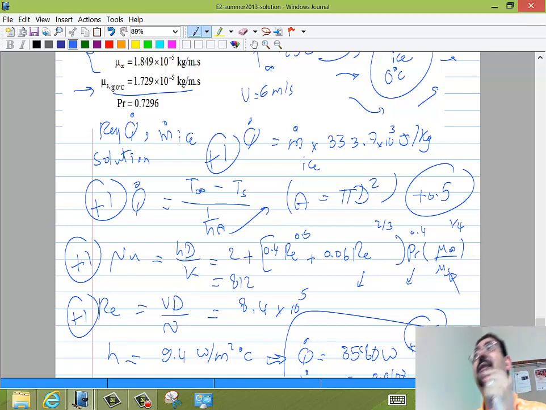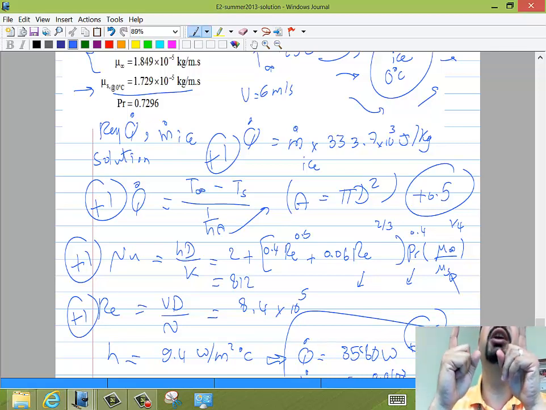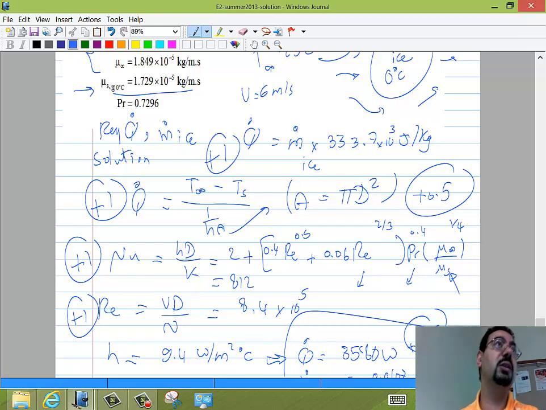That's actually where I ran out of time to test those. I was trying to think of what equation. But that's a very good question actually. When we have an equation that is only recommended for a certain range, and we are outside that range, we shouldn't use that equation if we have an option. If we have another option, of course we have to switch to the other equation. We shouldn't keep using it because probably that equation will get a lot of error.